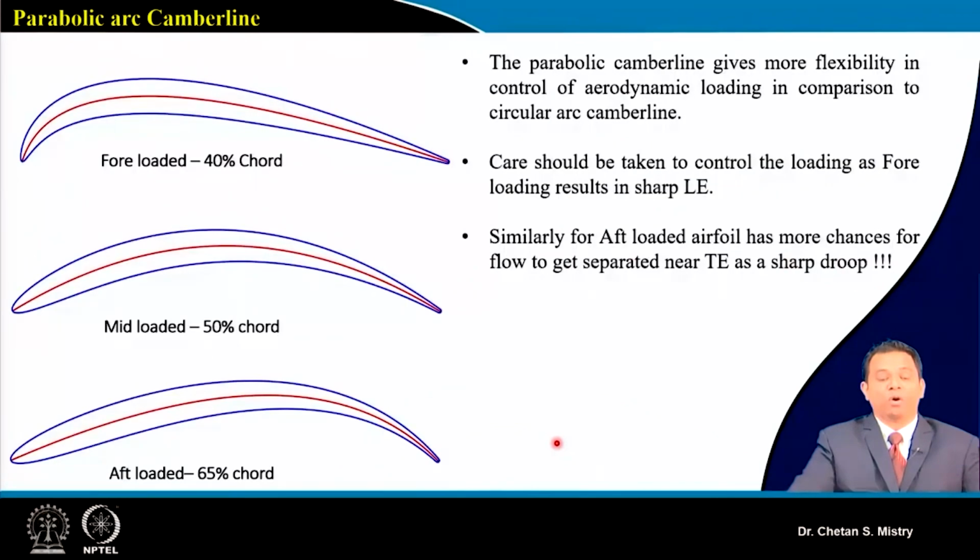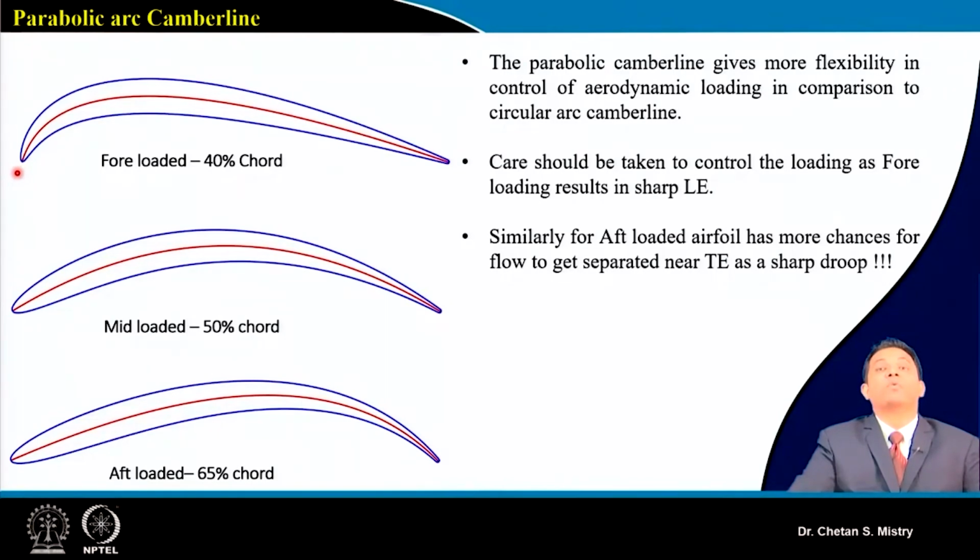Okay. Now, what is the beauty of this camber line? Let's see. So here if you look at this, this represents a front loaded kind of configuration. It says front loaded at 40% of chord. It has a specific meaning. So here in this case, we know our fundamentals. Suppose I consider my flow that is incident here. What is happening on our suction surface?